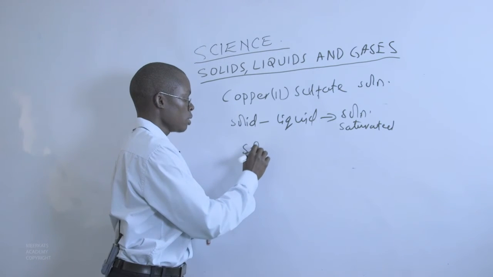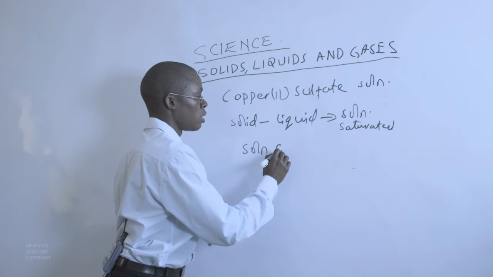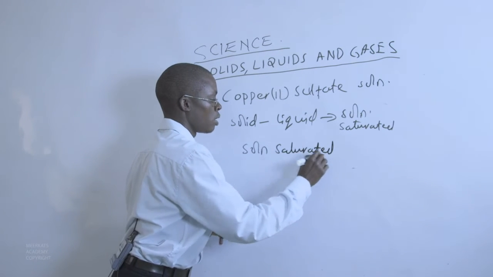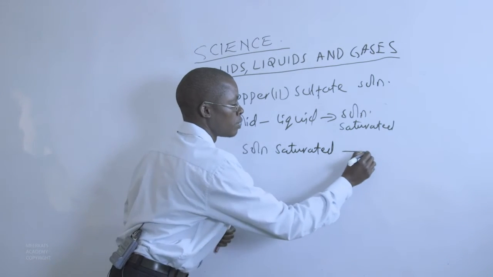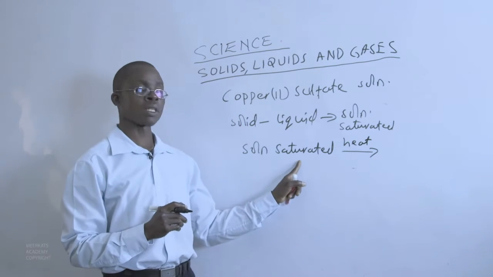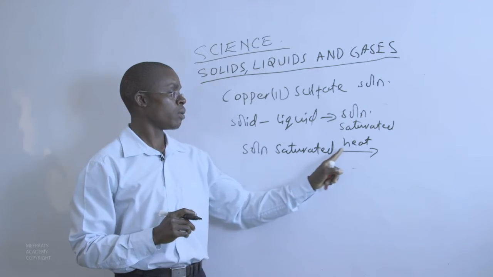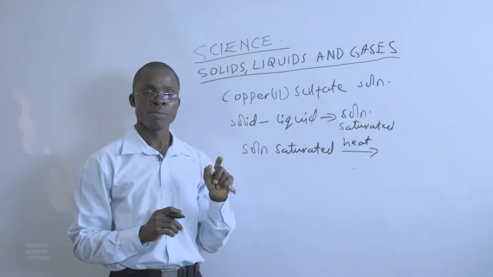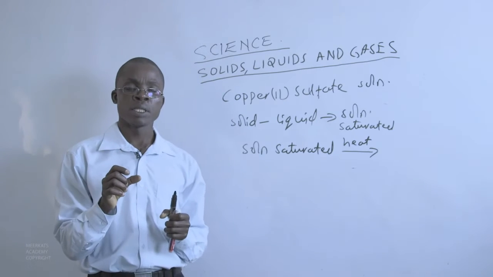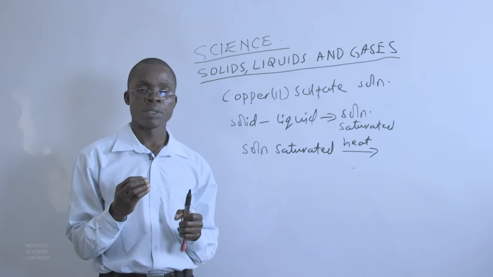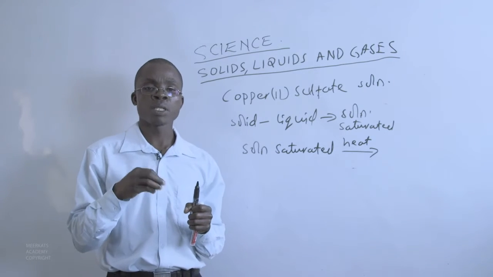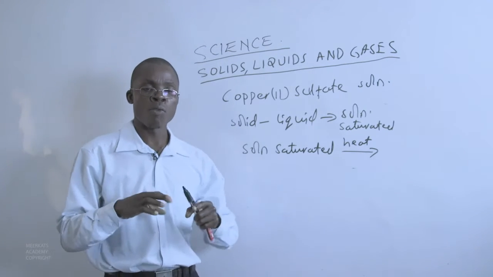So this solution of ours is saturated, and now we are doing heating. When you heat, as I said earlier, heat is energy, and this energy in those particles makes them more mobile, more vigorous in movement.